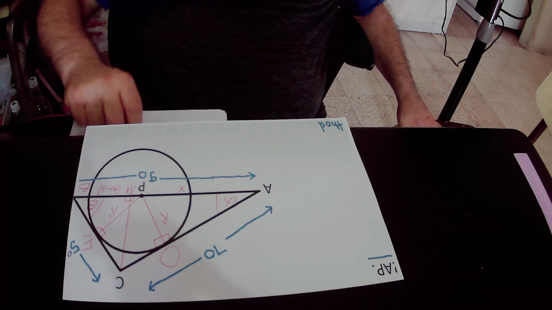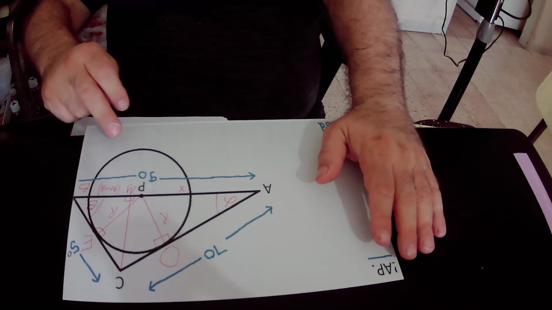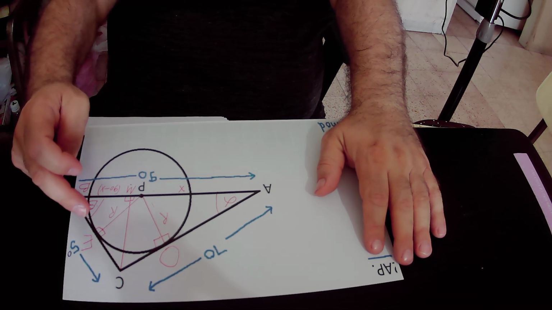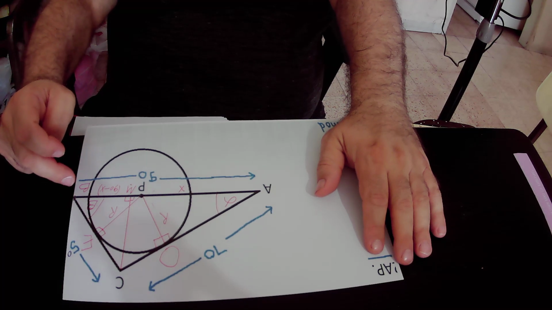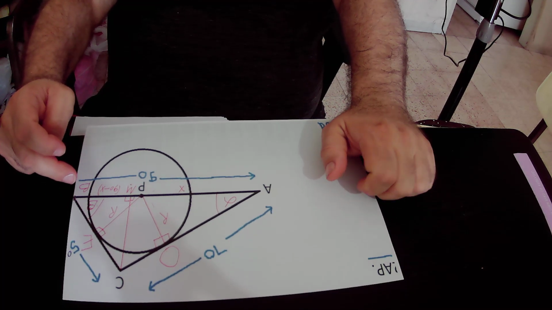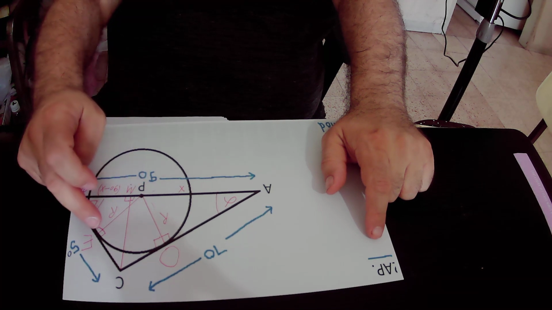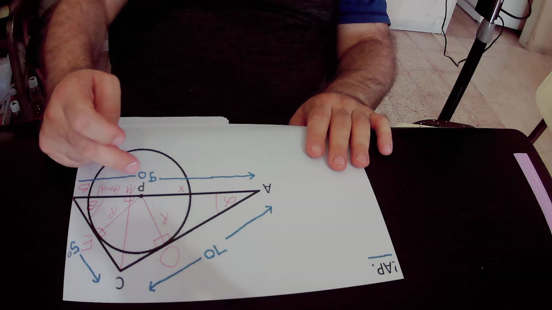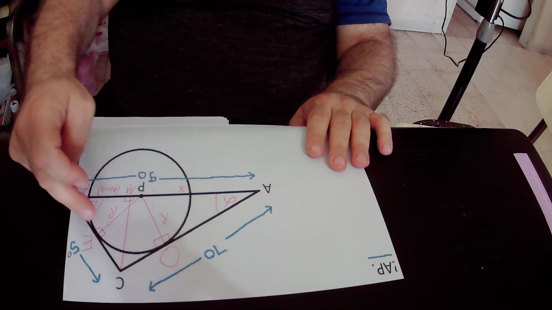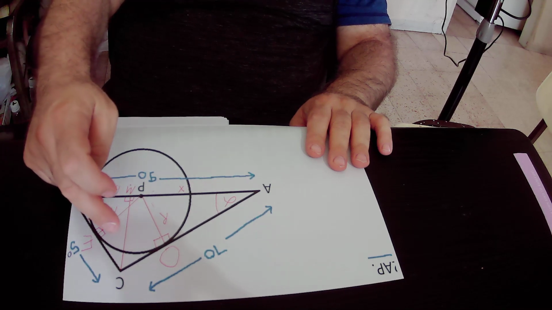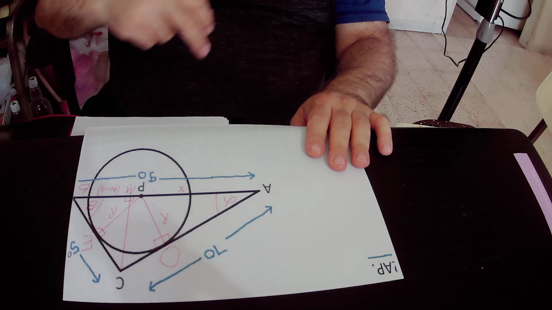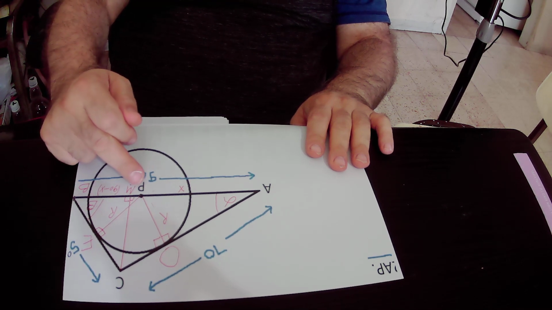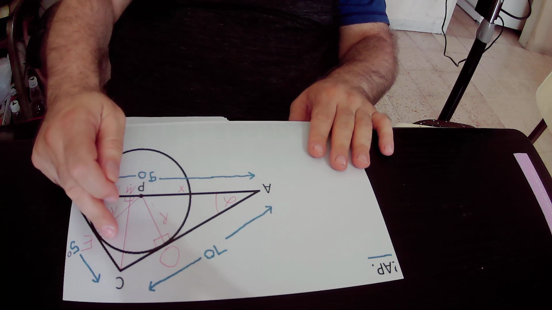In the same way, the radius PE is perpendicular to side CB of the triangle, according to rule number 1. That is to say, angle PEB equals 90 degrees, and also angle PEC equals 90 degrees.